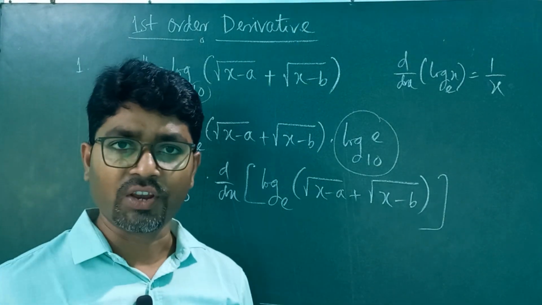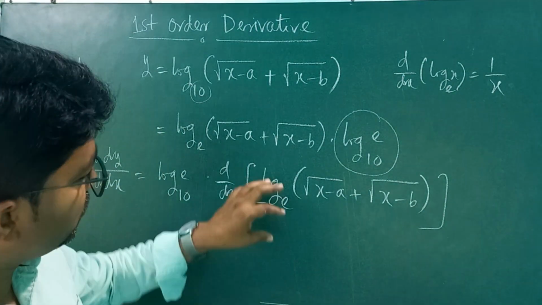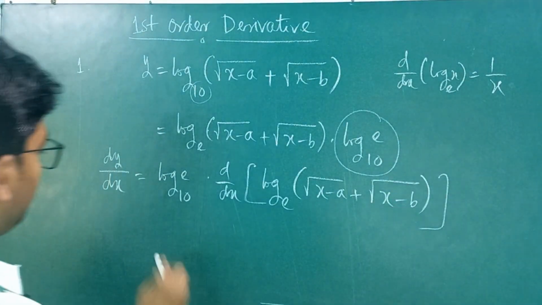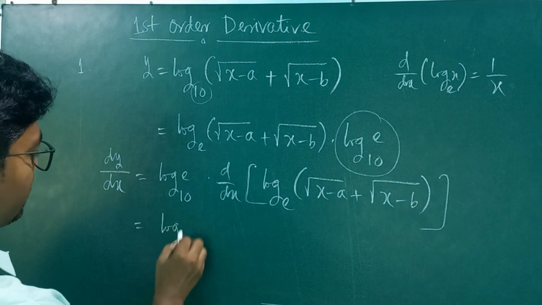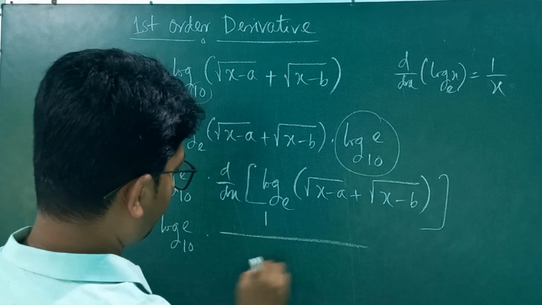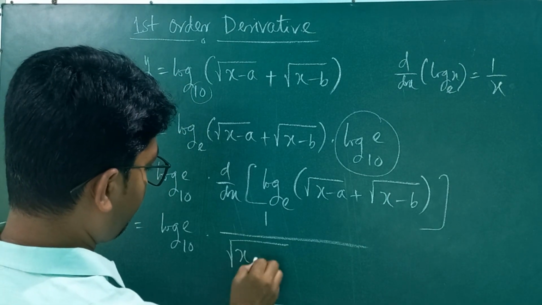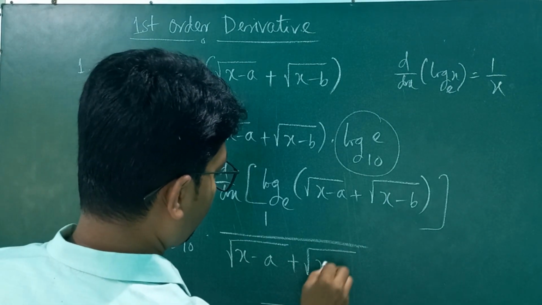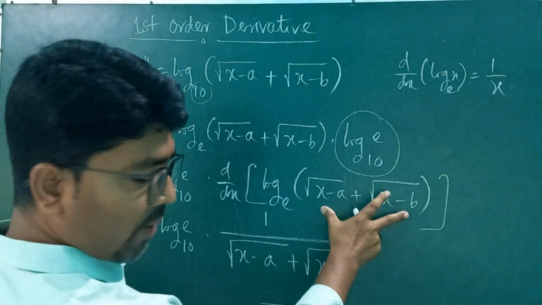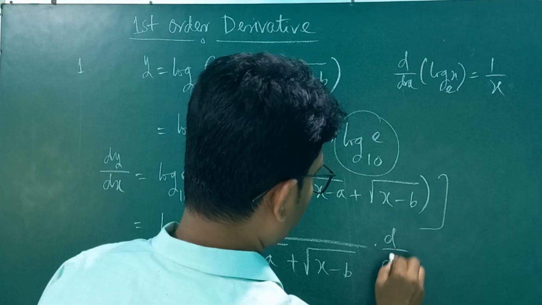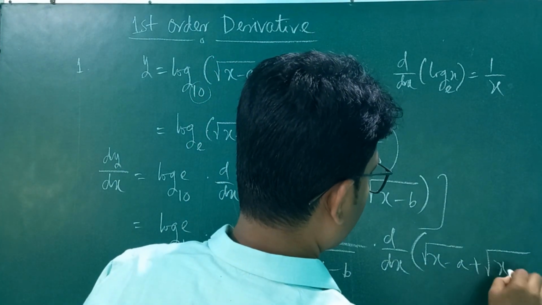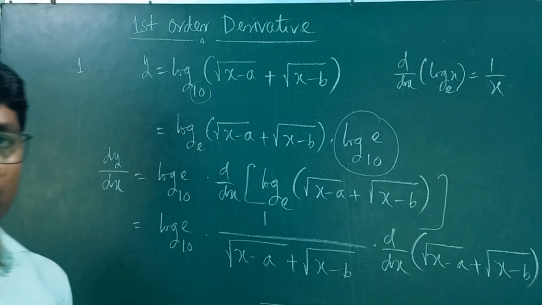Now we know the chain rule. We will think of this one as log x, and what is its derivative? 1 by x. But what was x? This one is x, and we have to calculate its derivative. Clear to everyone?